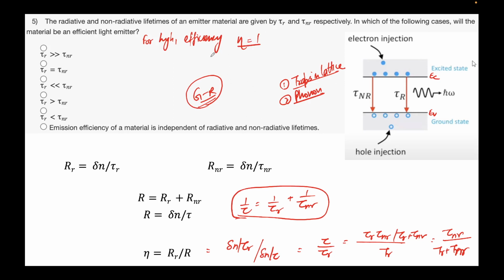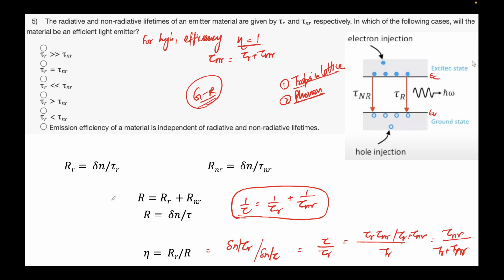So when we do that, we'll get tau r equal to... all right, or let me do it this way.